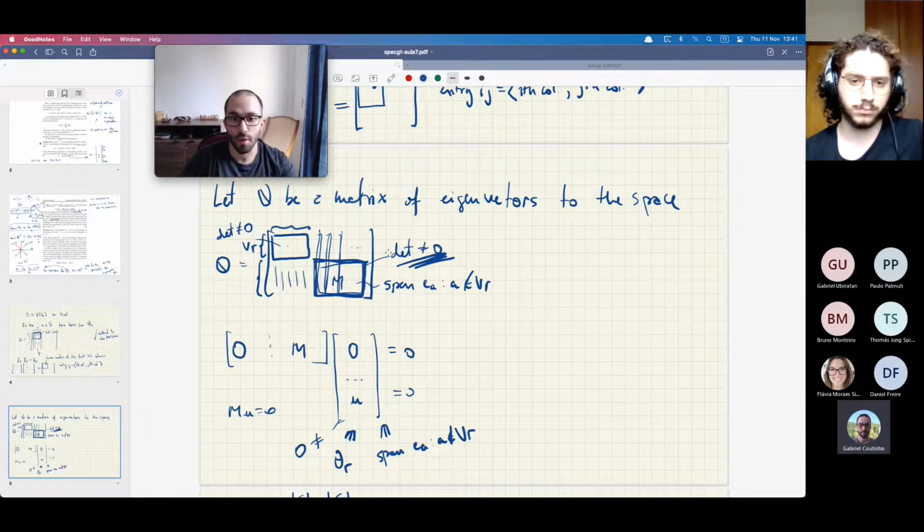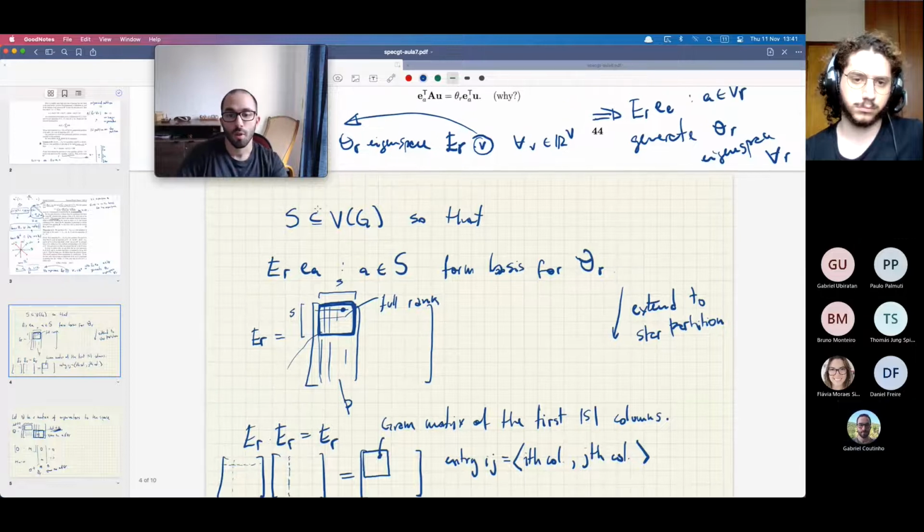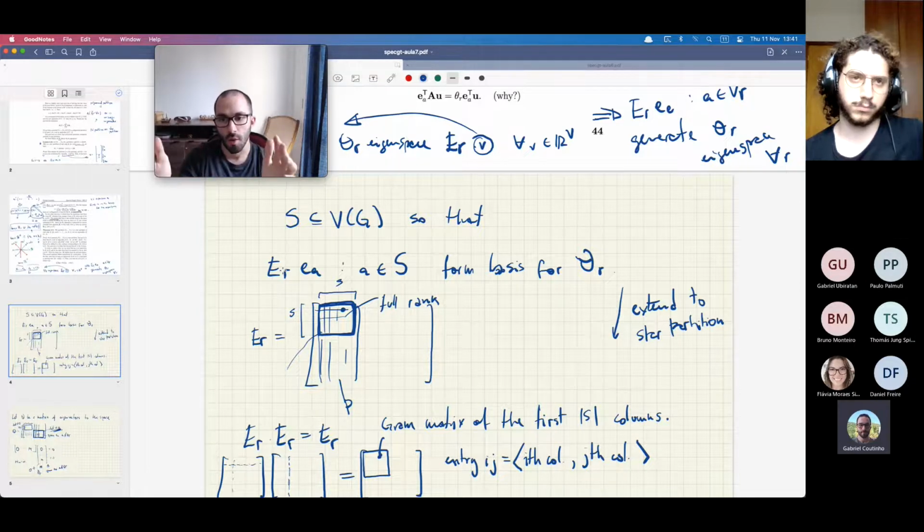And therefore, you can apply induction. Very simple. You start with a set of the vertices, you pick one, you project onto the eigenspace, it's non-zero or linearly independent. You pick another, as long as it's linearly independent, you keep going. When you can no longer continue, you have a basis for that eigenspace.